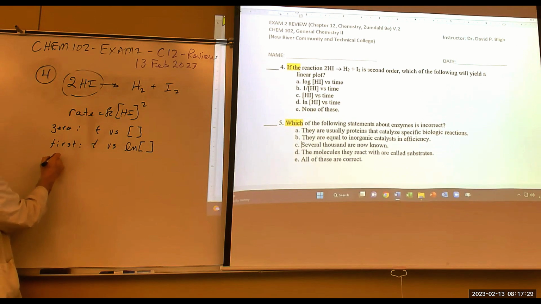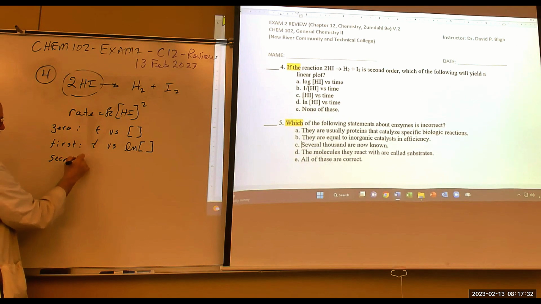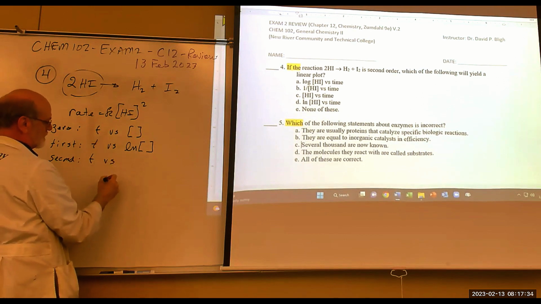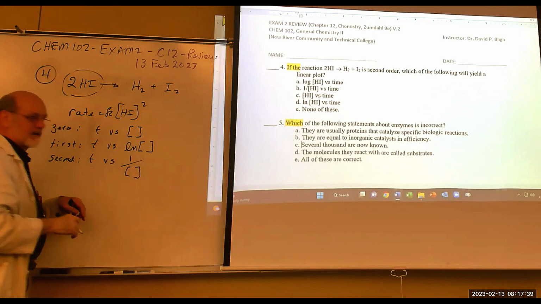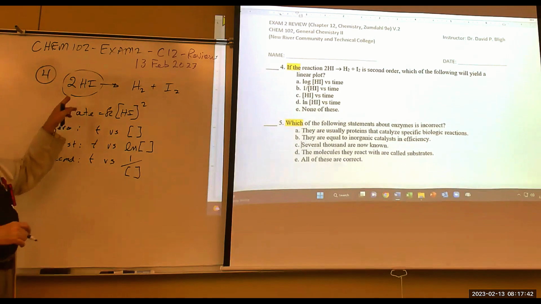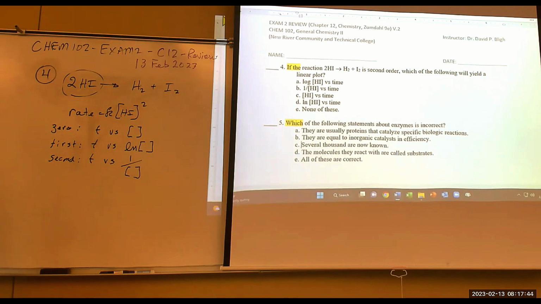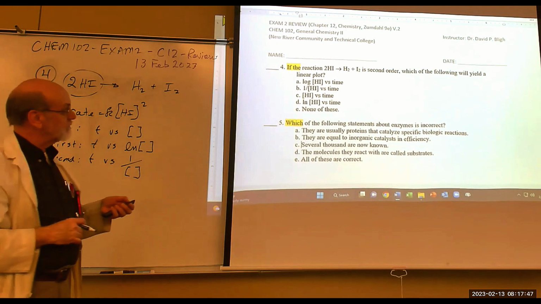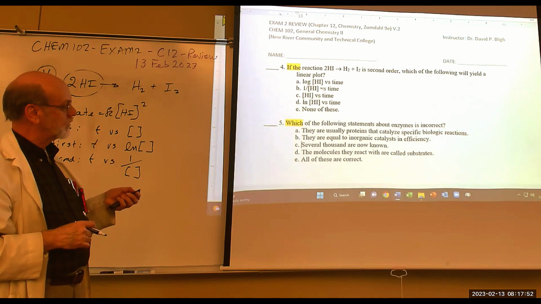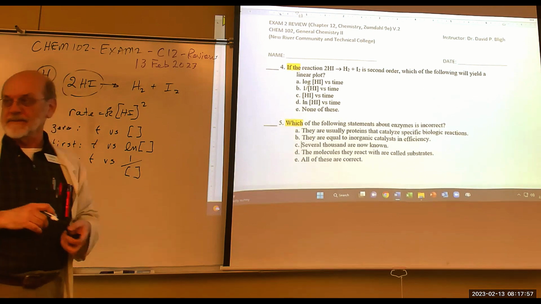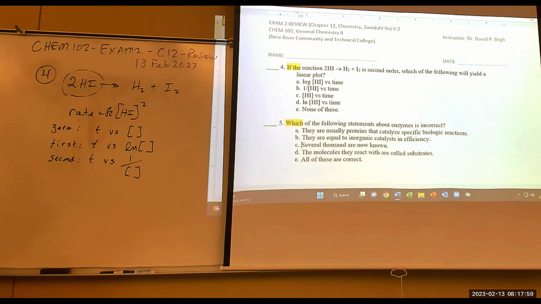Second order, this gives us the answer to the question. Time versus what? The inverse of the concentration. So that makes this one right here. Inverse of HI versus time will give you a linear plot, assuming it's second order. I guess we're in agreement. I'll move on.